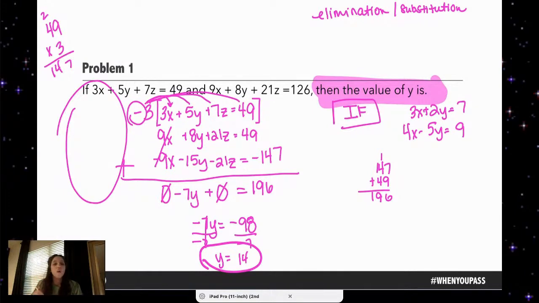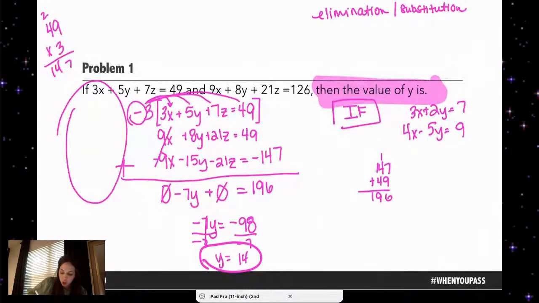So what I did was I eliminated a variable by multiplying by a negative. Negative times a negative is a positive. Negative times a positive is a negative. But by distributing that, I got negative 9x minus 15y minus 21z equals negative 147.